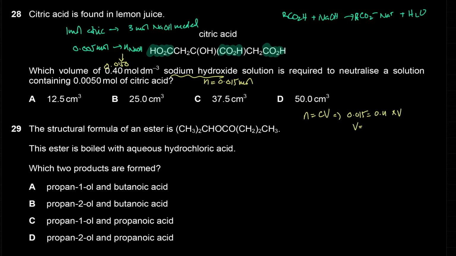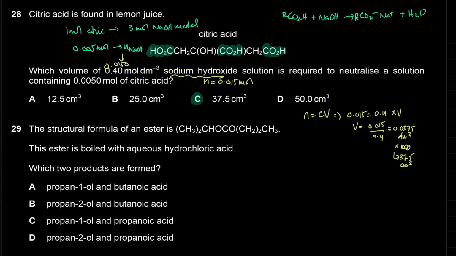So the volume would be 0.015 divided by 0.4. Here you should get 0.0375 decimeter cube. That's in decimeter cube; if you multiply this by 1,000, you get 37.5 centimeter cube. So the answer over here is C.